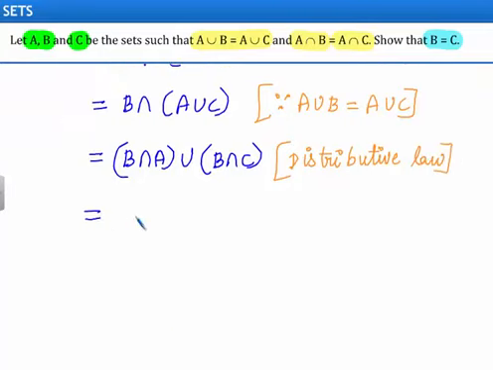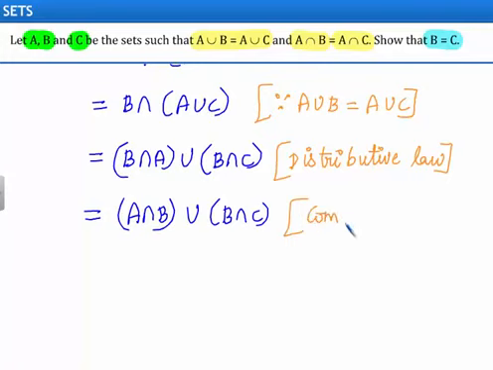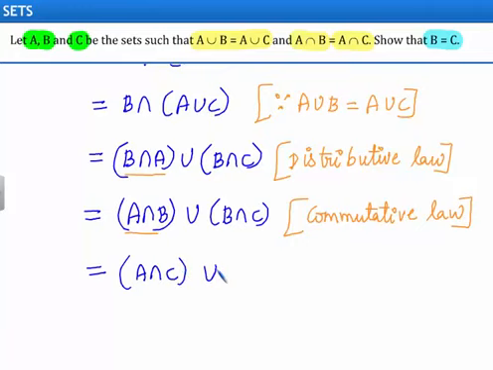The next step would be (A intersection B) union (B intersection C). We are writing B intersection A is equal to A intersection B using the commutative law. This will be equal to (A intersection C) union (B intersection C).